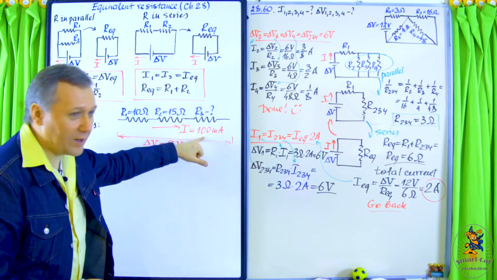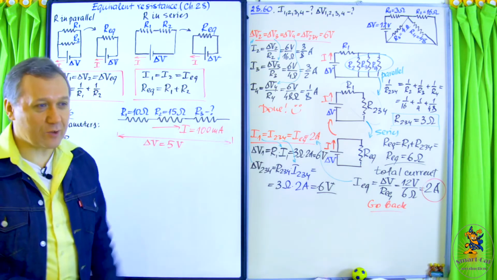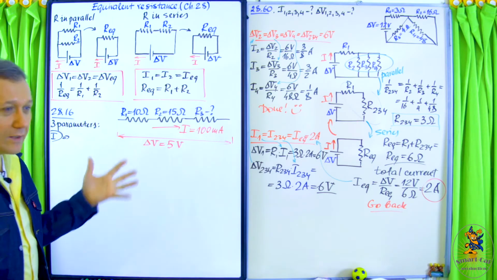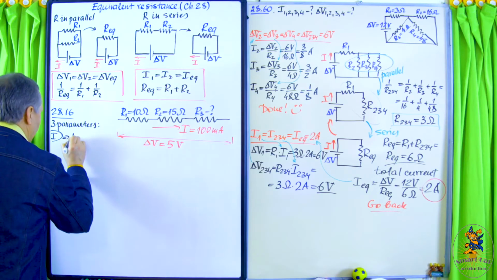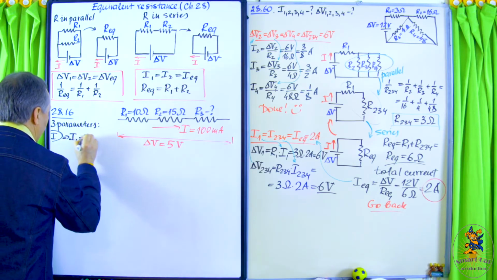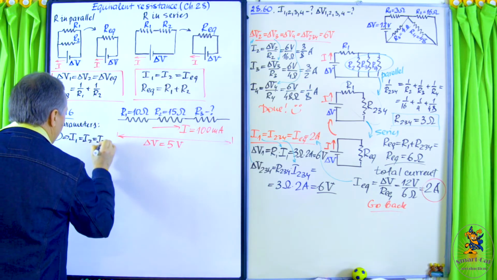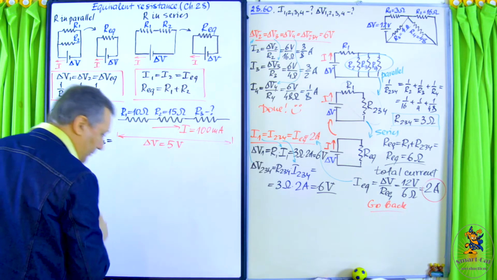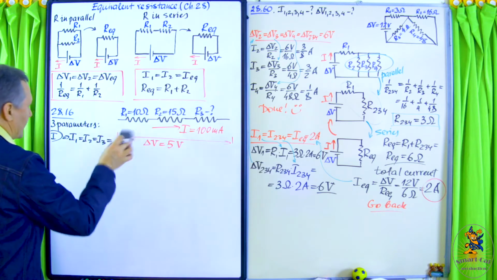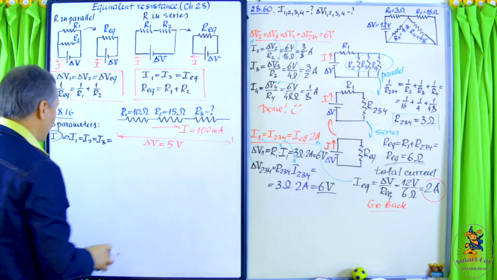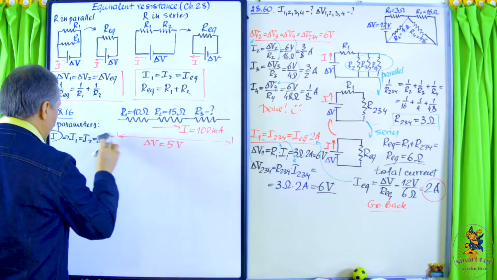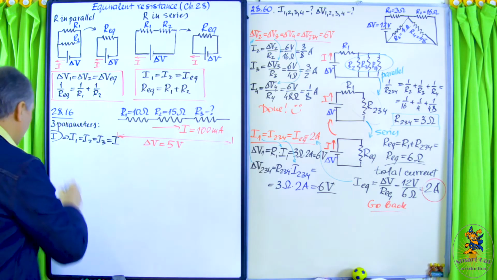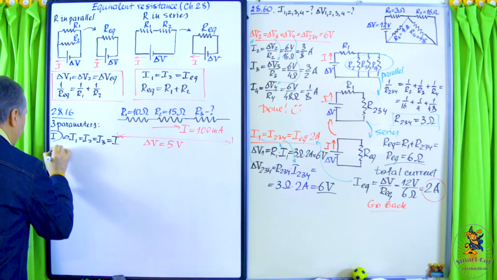So this value of current is exactly the same in each of these resistors. So I can write down the first piece of information: I1 equals I2 equals I3 equals 100 milliamps. Then what's next? Delta V. What can we say about delta V?